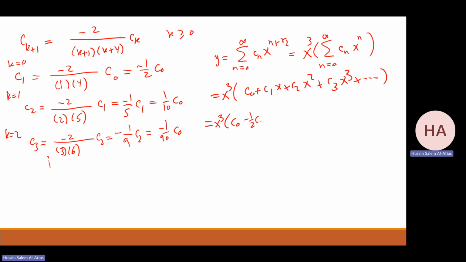Minus half c0 x, c2 is 1 over 10 c0 x squared, minus 1 over 90 c0 x cubed.